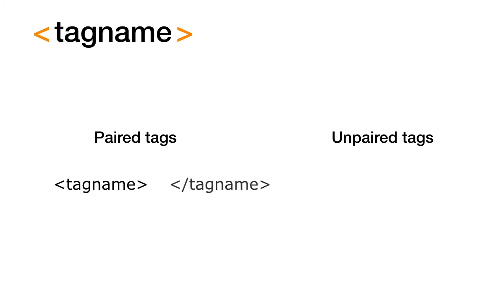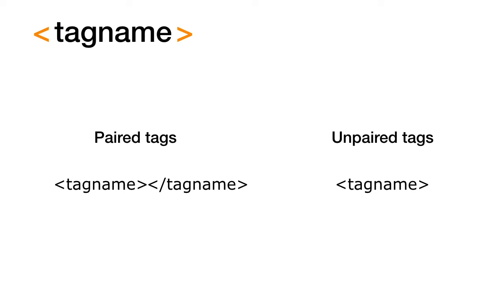Each HTML tag starts with an opening angle bracket, followed by the tag name, and then ends with a closing angle bracket. HTML tags can be classified into two types: paired tags and unpaired tags. As the name implies, a paired tag consists of two tags, whereas an unpaired tag is just a single tag.